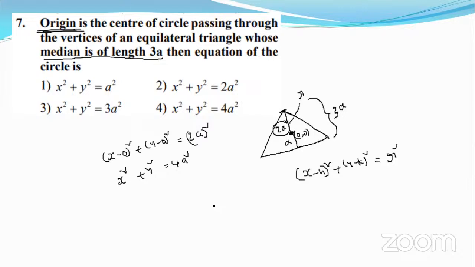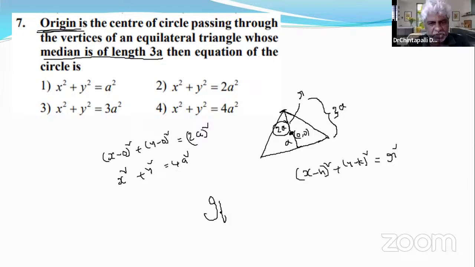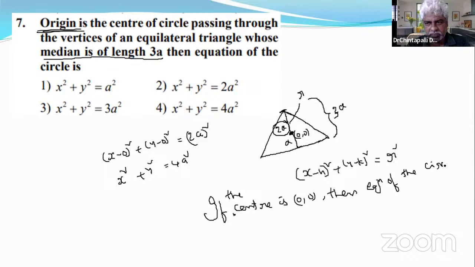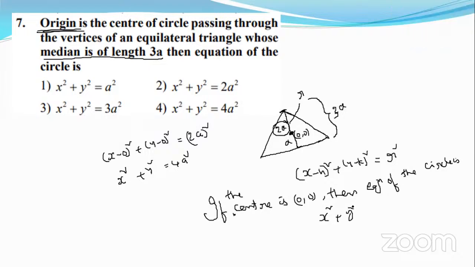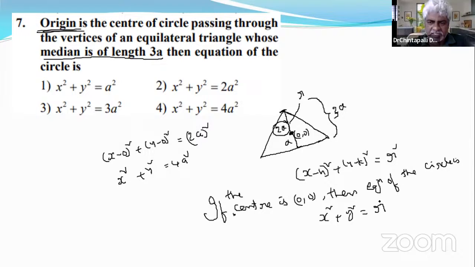If the center is 0, 0, then the equation of the circle is (x minus 0) whole square, that means x square only, and (y minus 0) whole square, y square, is equal to r square.